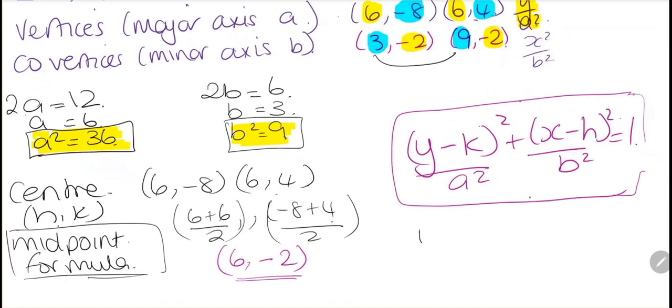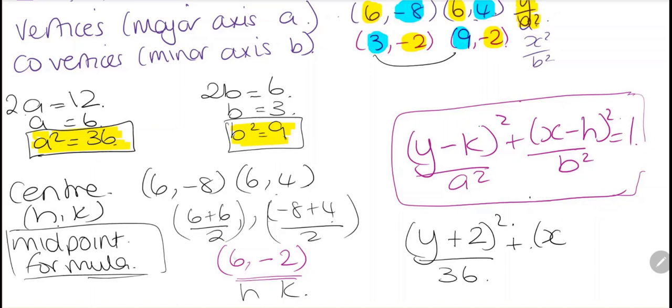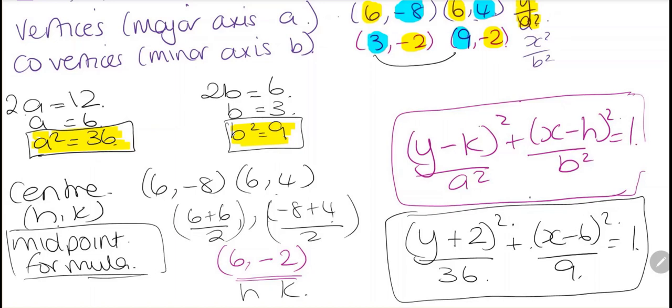Our k value is going to be -2, so it's going to be y plus 2 squared, and A squared is 36. And our h value is 6, so it's going to be x minus 6 squared, and B squared is 9. So the final answer: y plus 2 all squared over 36 plus x minus 6 all squared over 9 is equal to 1.